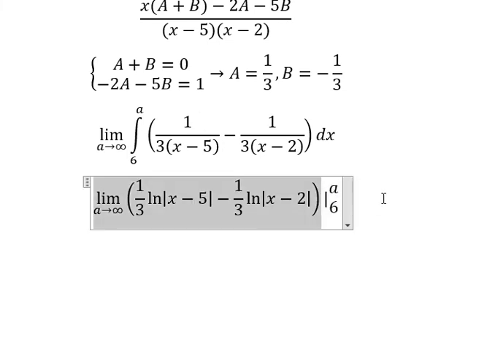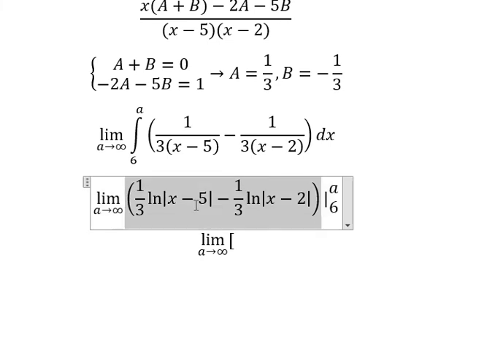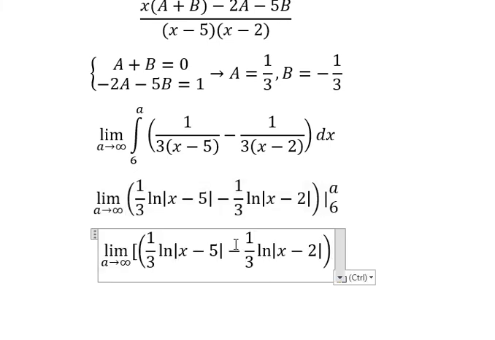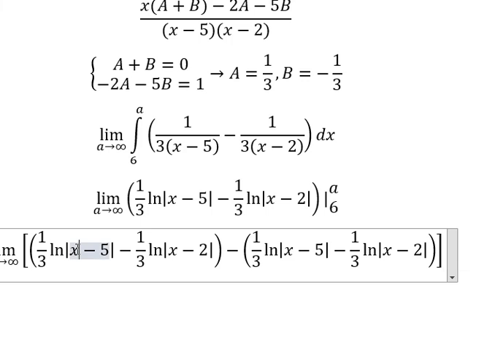And now we put a and 6 in here. So we put a in here, a in here, 6 in here, 6 in here.